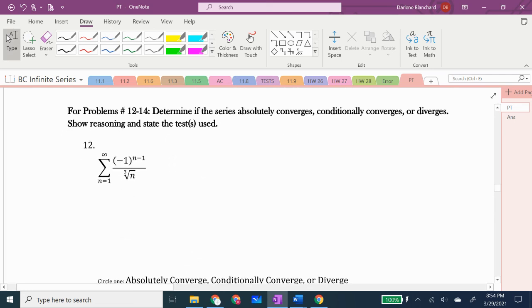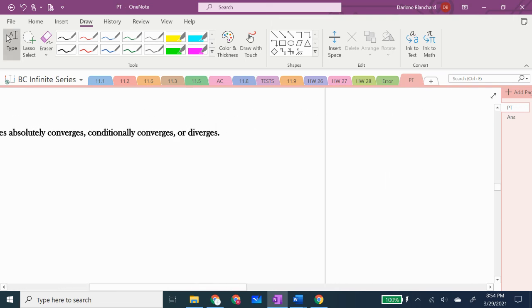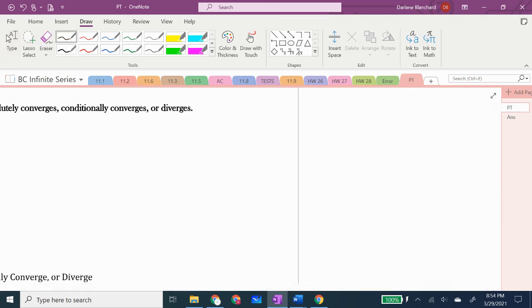Okay, finally, absolutely converge, conditionally converge, and diverge. You want to remember that if something actually does come out as absolutely converge, the only thing you need to do is take the absolute value of the formula, look at the full series that uses the absolute value.